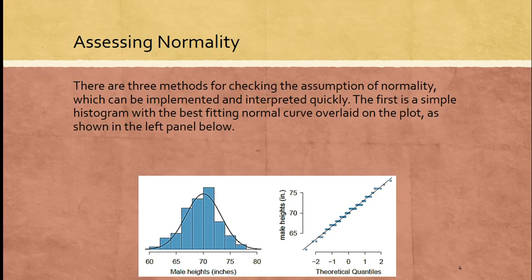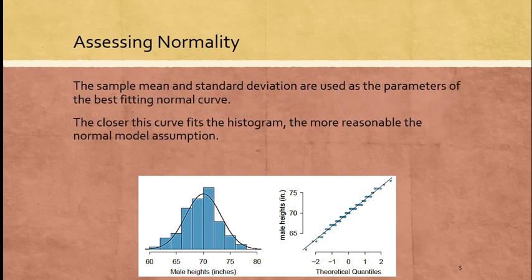It somewhat follows the bell shape. This is a pretty good histogram. The sample mean and standard deviation are used. Basically, you can see the curve in the background, which is a normal curve. We use the mean and standard deviation of the histogram in order to get that curve. And the closer this curve fits the histogram, the more reasonable the normal model assumption.